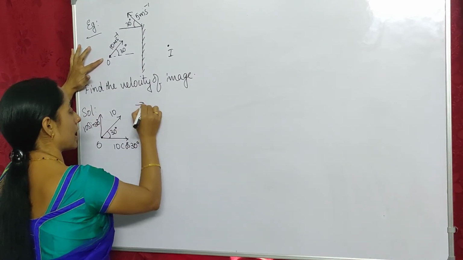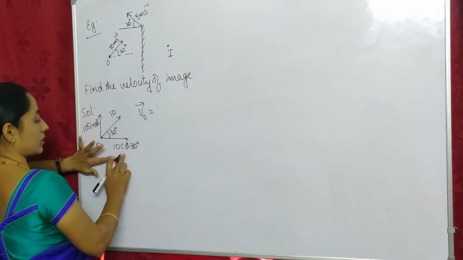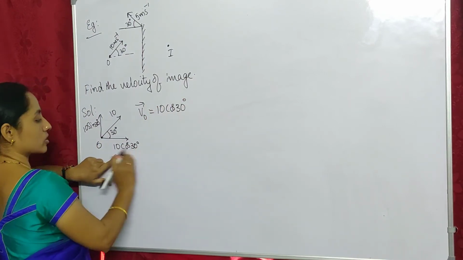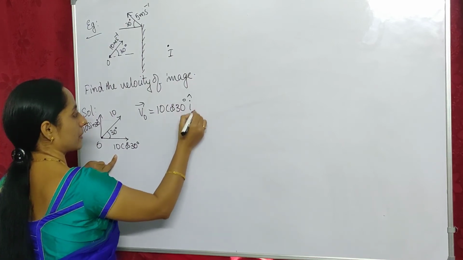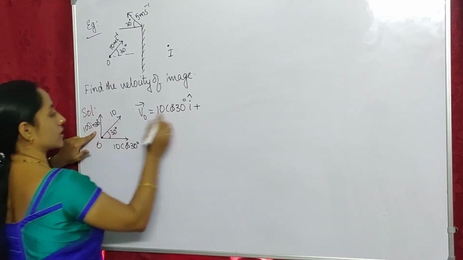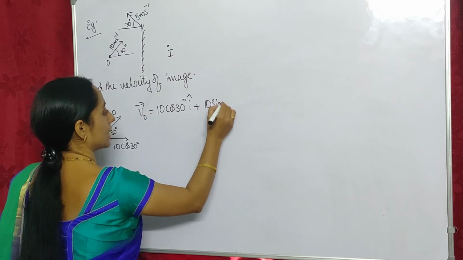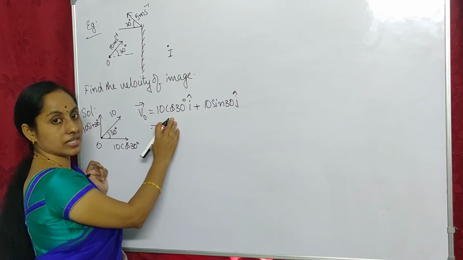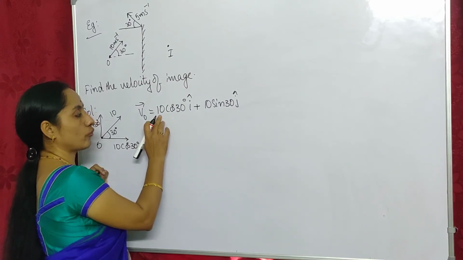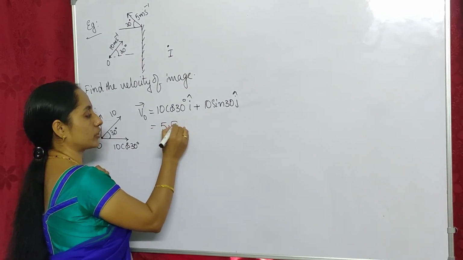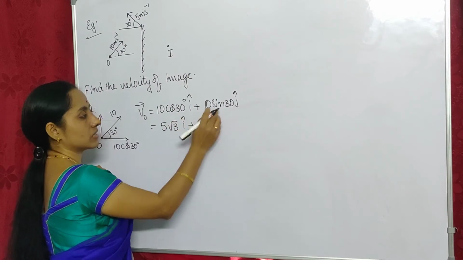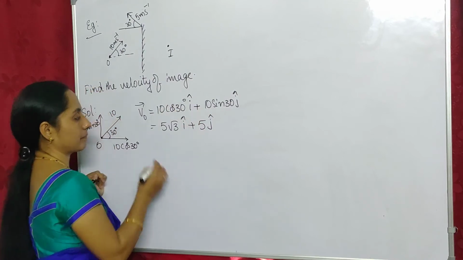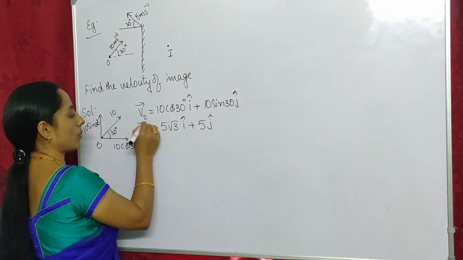So VO bar is equal to 10 cos 30 along positive x axis, so I cap, plus this is along positive y axis, so 10 sin 30 j cap. What is cos 30? Cos 30 is root 3 by 2, 5 times, so 5 root 3 I cap, plus sin 30 is 1 by 2, so we simply get 5 j cap. What is this? VO bar.